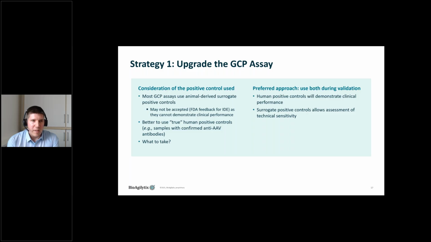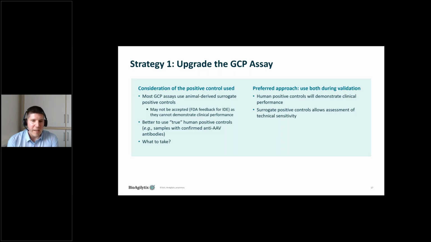So if you set this as the scene, you could think of different strategies for how to upgrade the GCP assay that you already have in place. The first consideration, which was also already mentioned by Luke, plays the same role in the world of IVDR, is that most GCP assays typically use animal-derived surrogate positive controls.